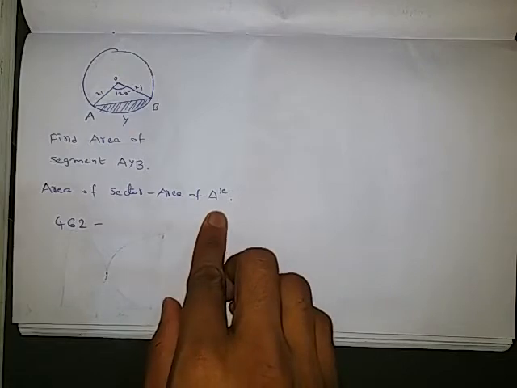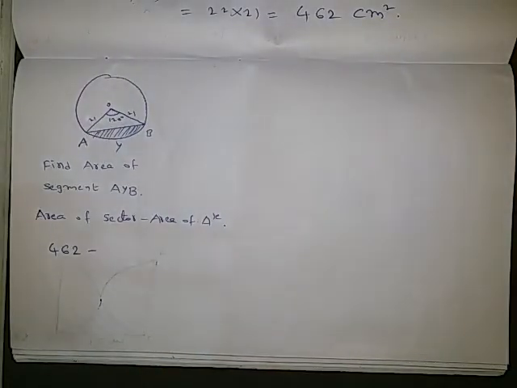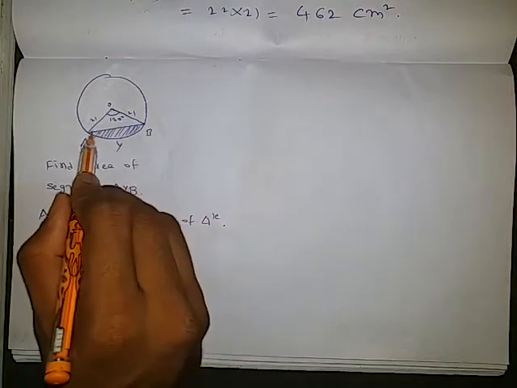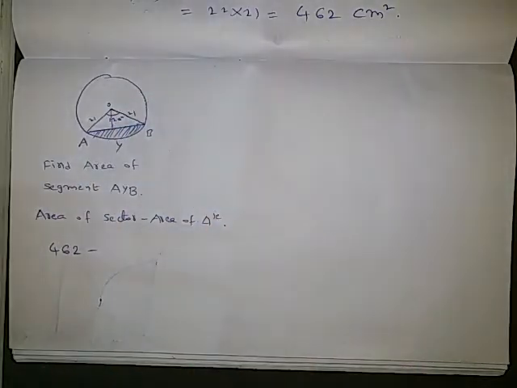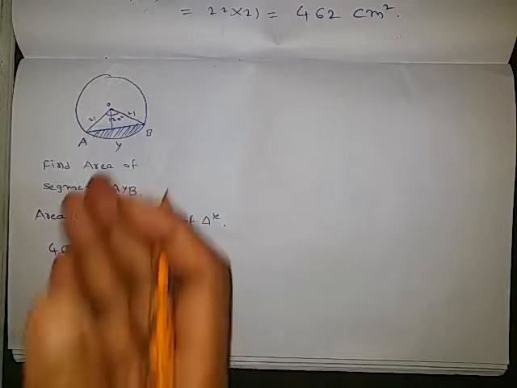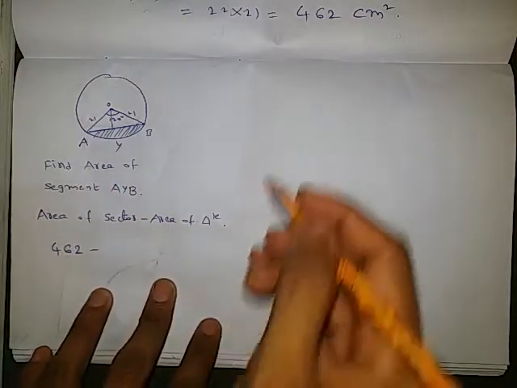Now we need to find the area of the triangle. The area of the triangle formula is half into base into height. But for this triangle, base we don't know, height we don't know. So we need to find out the base as well as the height of that triangle. So let us do that now.